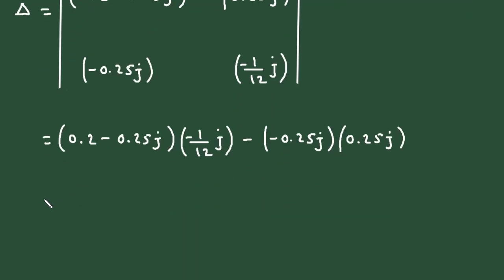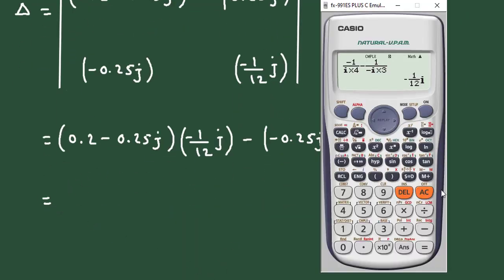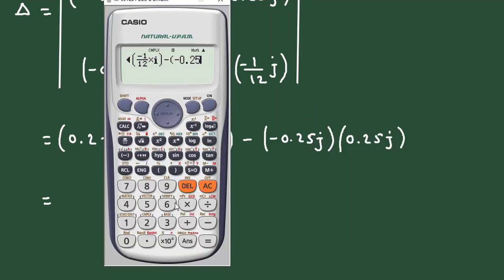Now let's solve this in calculator. So it will be 0.2 minus 0.25j multiplied with minus 1 upon 12 minus 1 upon 12j, then minus in bracket minus 0.25j multiplied with 0.25j.